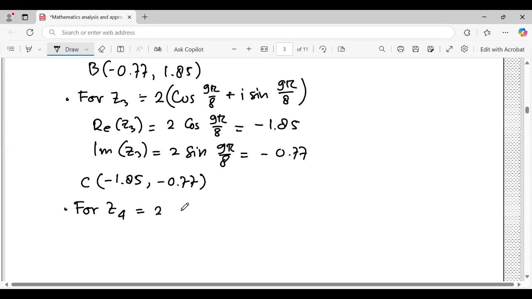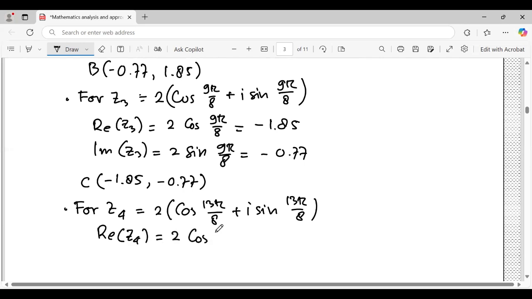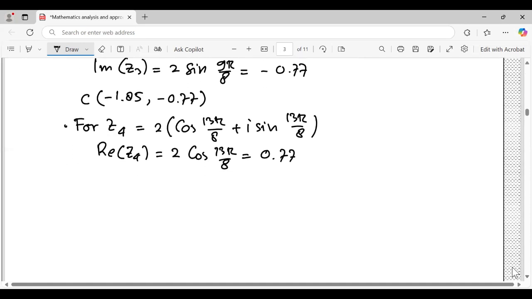Next, for Z4, it is 2 cosine 13 pi over 8 plus I sine 13 pi over 8. So the real part of Z4 is 2 cosine 13 pi over 8, and if you calculate, the result is 0.77. I need more space, so we'll scroll down first.